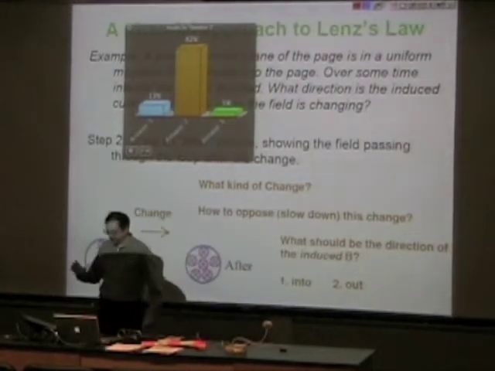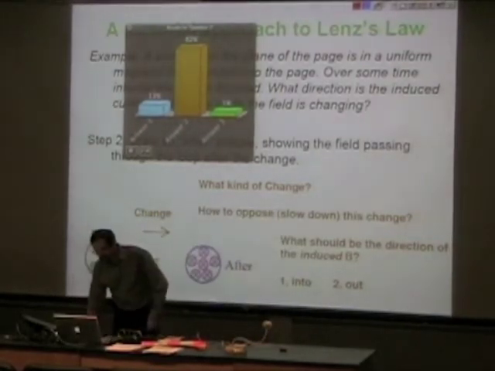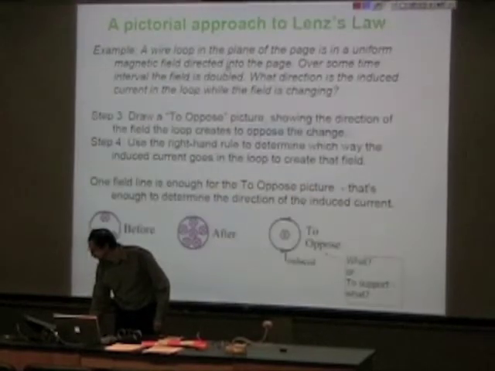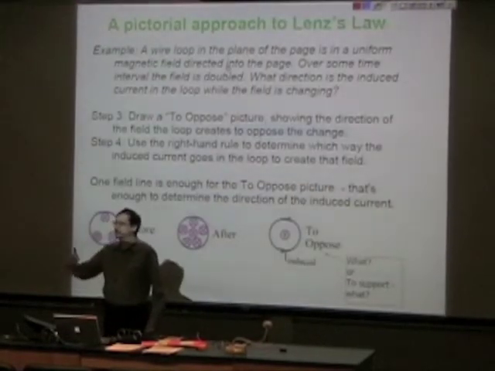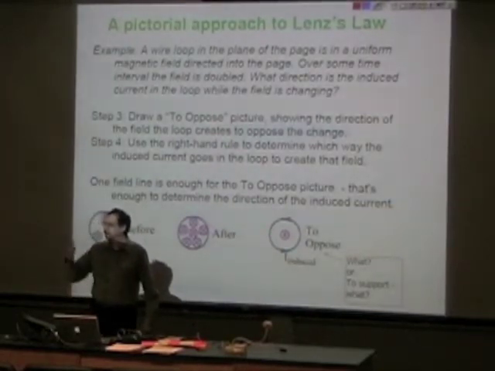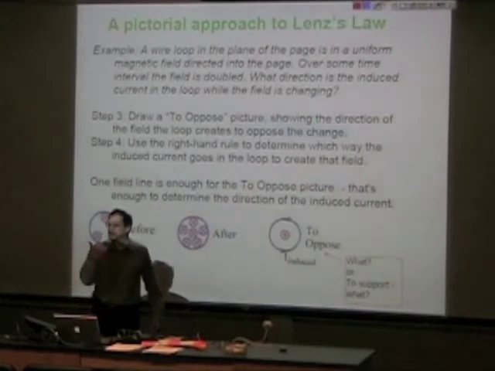That's not always the case, we'll see. But now what we can say is if the induced magnetic field points out of the screen, we immediately can figure out the direction of the induced current, because current and field are related by the right-hand rule.